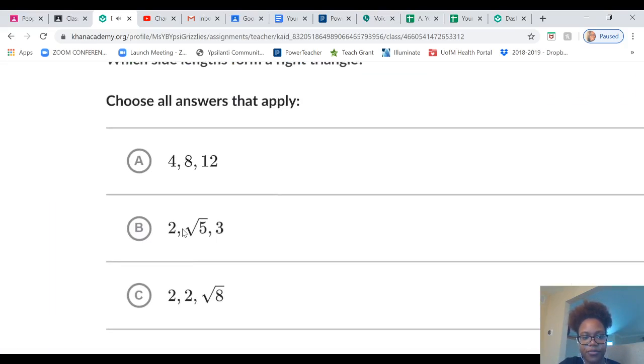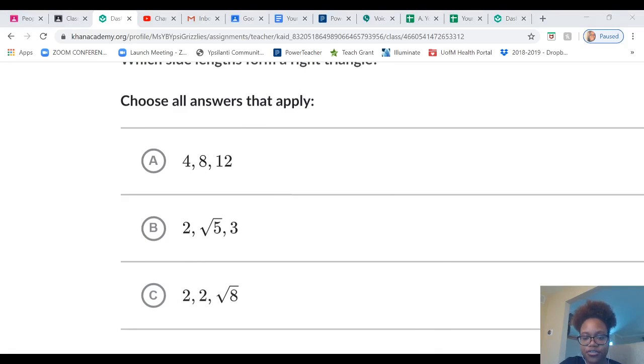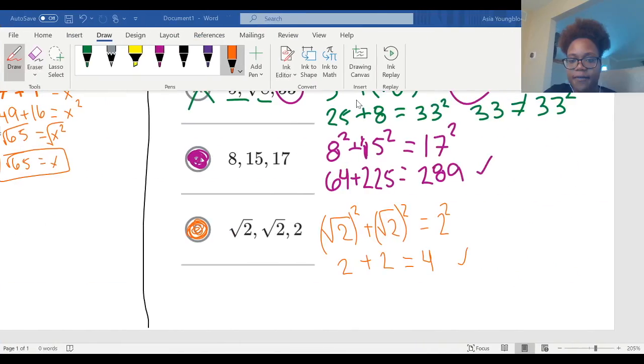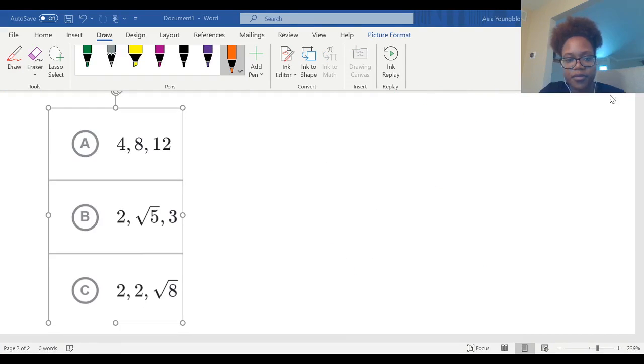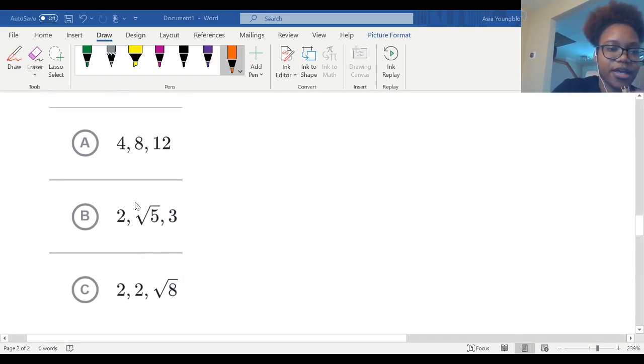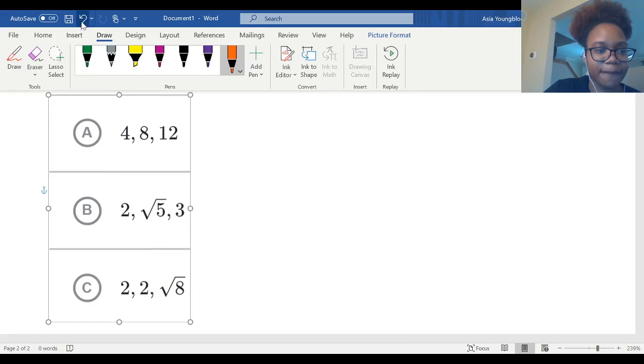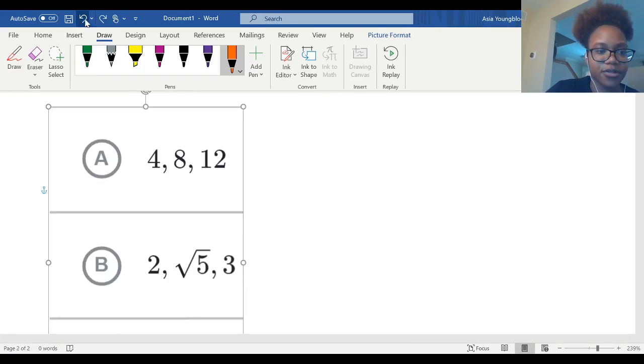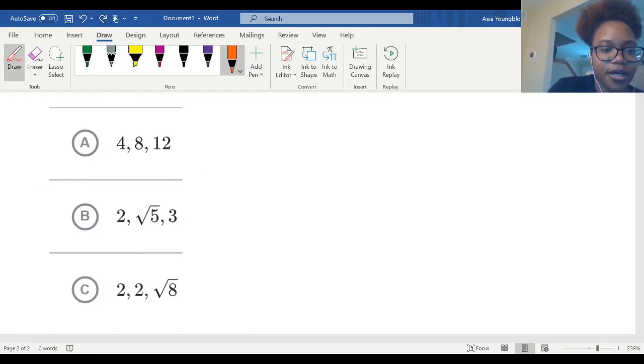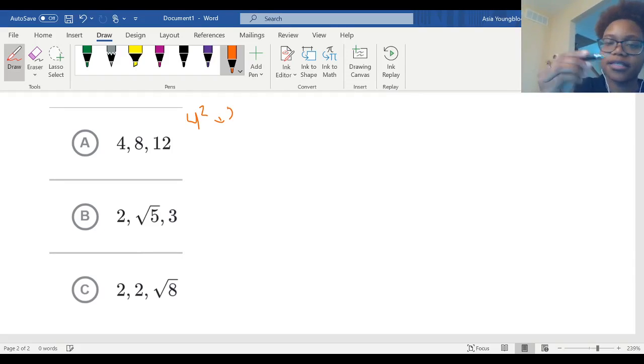Okay. So for the majority of these, I'll be doing them just in the sketch screen. So we'll switch back to that. This is our next problem. Let's just start with A. We'll use orange. 4 squared plus 8 squared equals 12 squared.